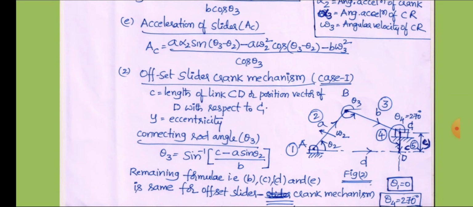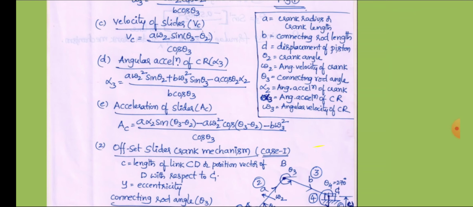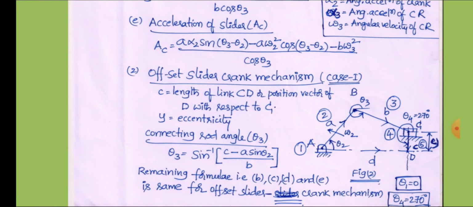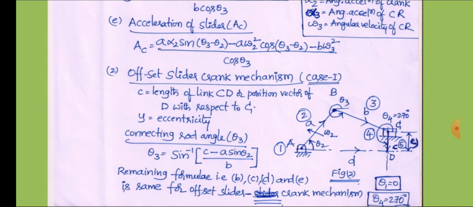And instead of the slider being in line with link 1, it is at a height of small y from the point D. So therefore here the slider, that is link 4, and the point A, which is link 1, are both separated by a distance equal to y, where y is known as eccentricity.